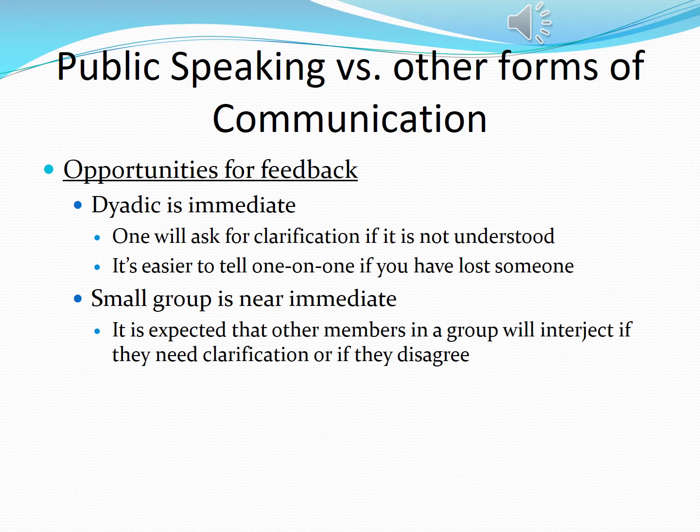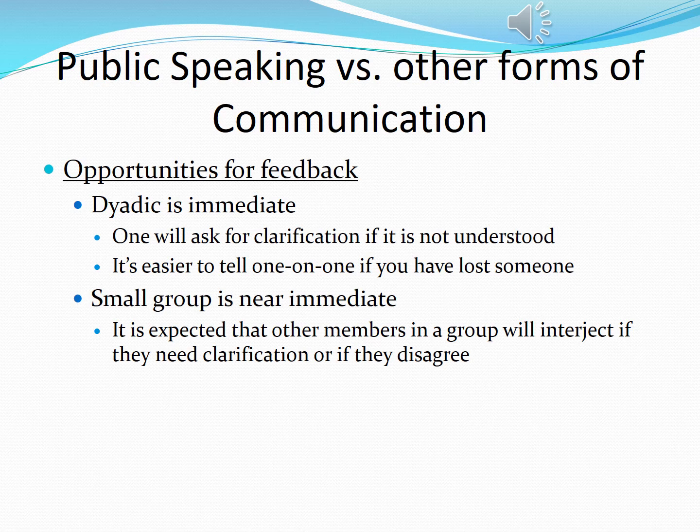So when it comes to public speaking and dyadic and small group and mass communication, one thing that makes them different from each other is the opportunities for feedback. That'll be important for you to remember. With dyadic or interpersonal communication, feedback opportunity is immediate. It's right away.